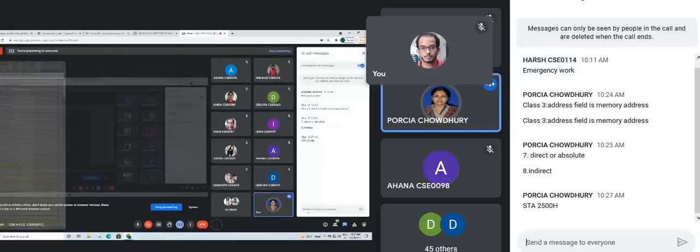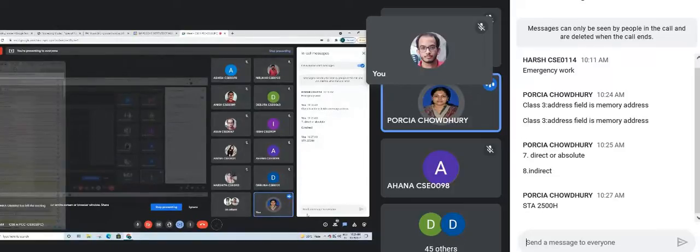I have told you that in direct addressing mode, you have the opcode, the operation you have to perform, and after that a direct address is shown. You have to go to that address and fetch the operand. So STA 2500H means you go to the memory location 2500H and store the accumulator value there.